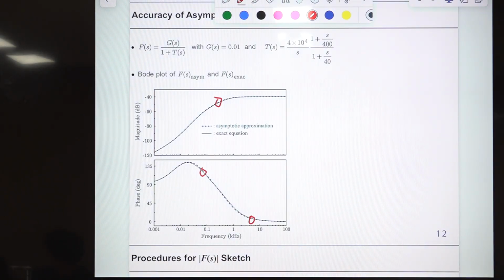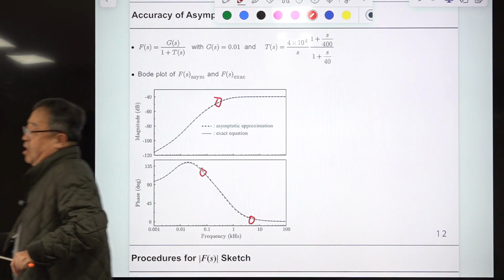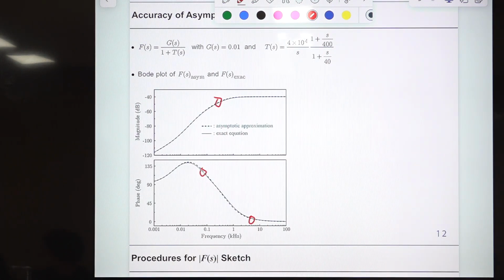Okay, so that is the idea of this asymptotic analysis. Maybe you are not familiar with this approach now. You don't have to worry much. Later on, you will learn this. It becomes almost automatic after some practice. Okay? Right.